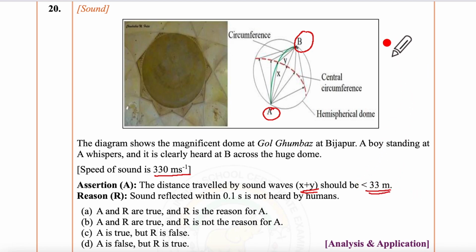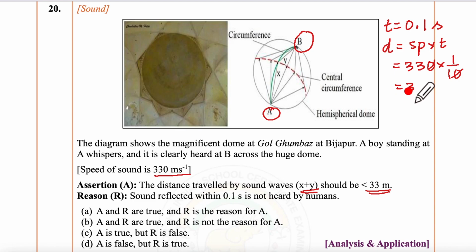Now, in order to hear the sound clearly, the time should be minimum 0.1 second. Correct? So, how much should be the distance? Distance is equal to the speed multiplied by time. The speed is given as 330 meter per second, and that multiplied by 0.1.